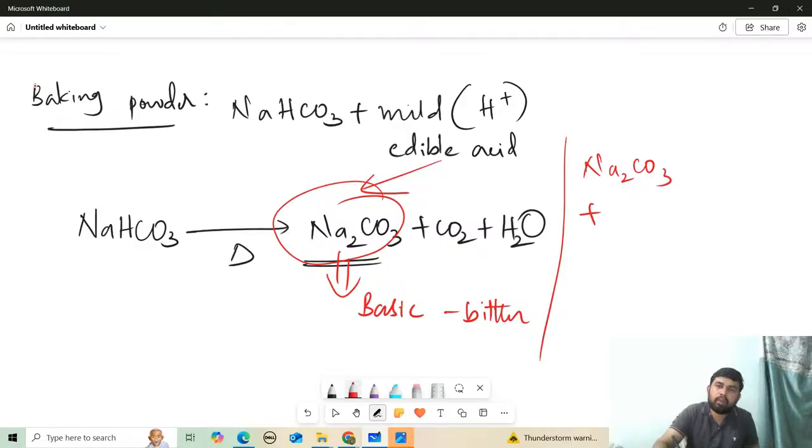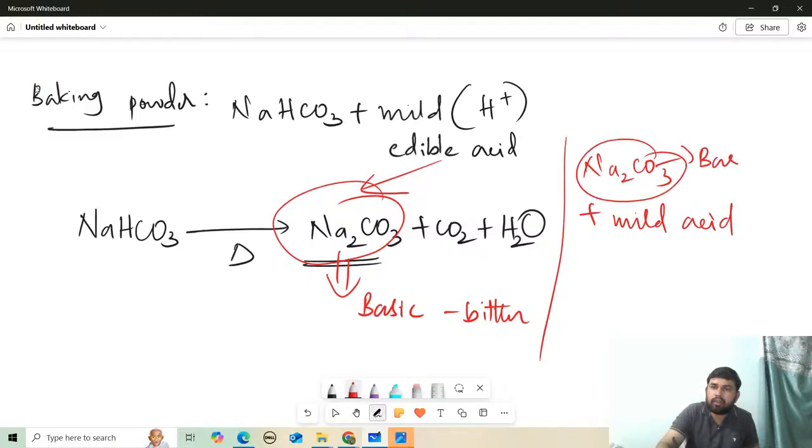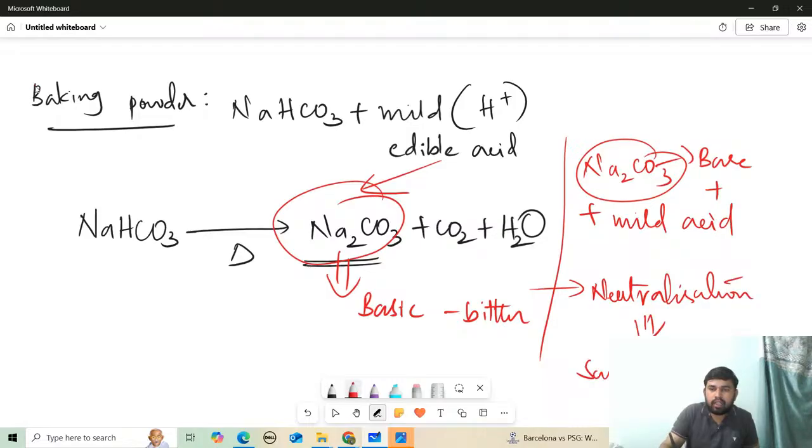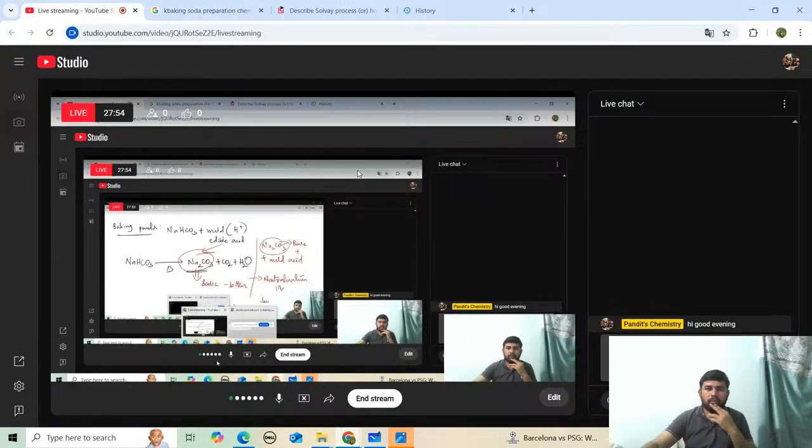We have Na2CO3, a base, plus a mild acid. Base plus acid, what happens? A neutralization reaction takes place, and the result is salt plus water. So now there is no bitter taste because we used a mild acid.